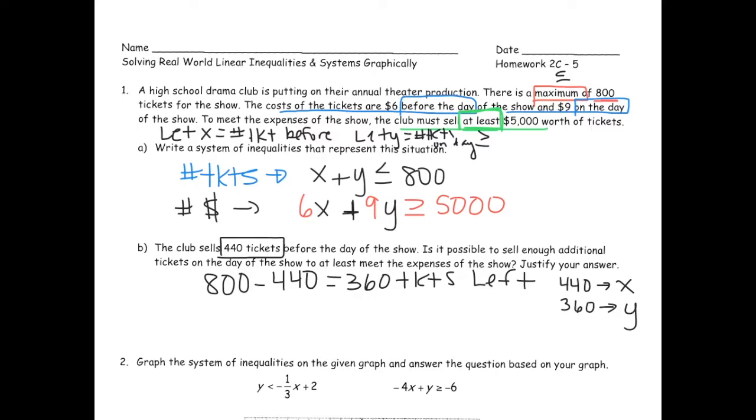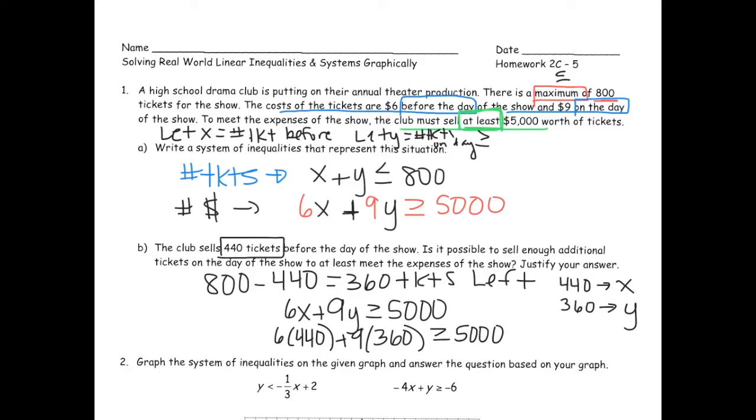All right? Let's see if we can actually meet that $5,000 mark. So I'm going to take my equation that talks about the money, and I'm going to plug in those two values. I know that we sold 440 before the day. I'm just seeing if I sell my maximum amount of 360, will that be greater than or equal to 5,000 dollars?